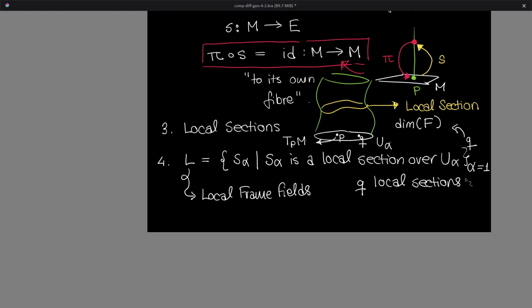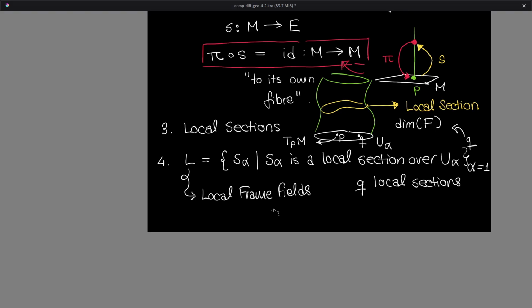Each local section chooses one of the basis vectors for every point in U alpha. So Q local sections will choose Q basis vectors for every point in U alpha, which means that a local frame field is kind of an extension of the concept of a basis to a local neighborhood.